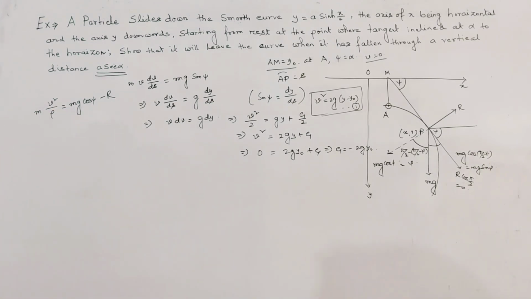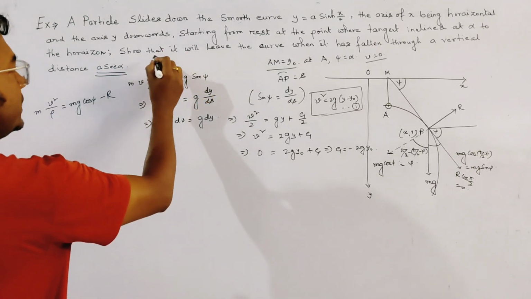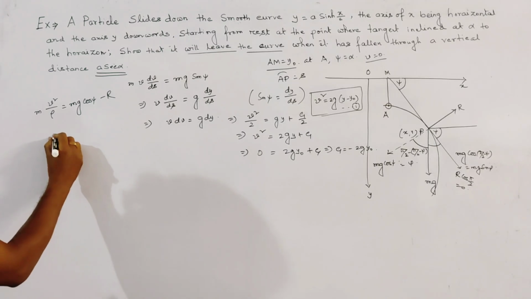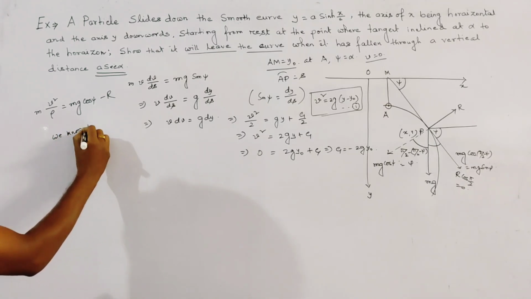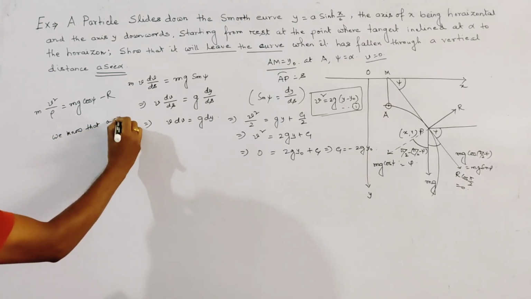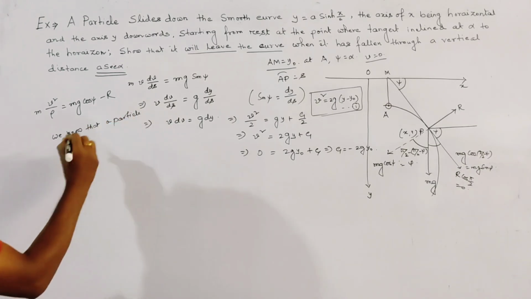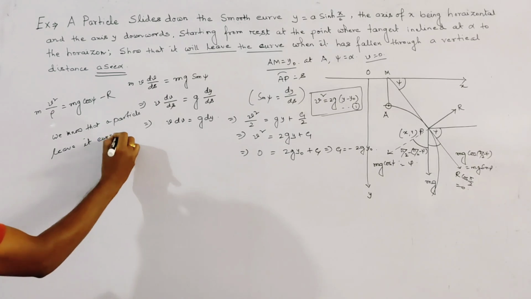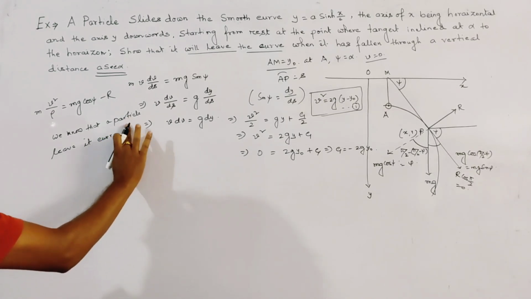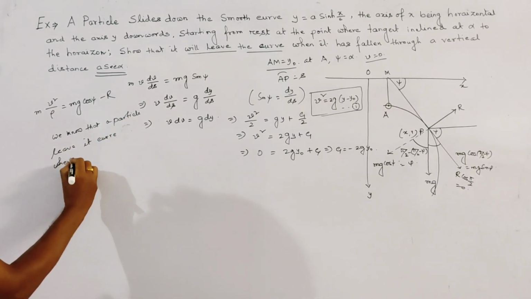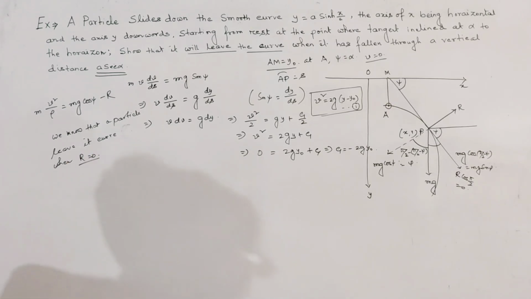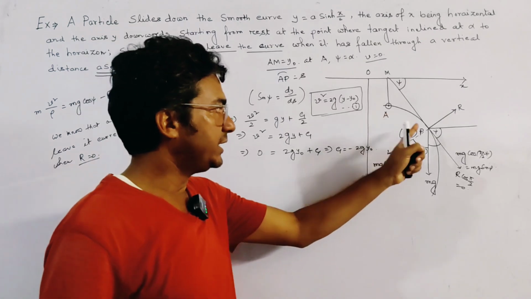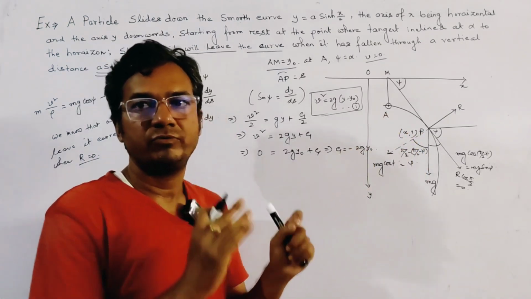Now we have to find the position where the particle leaves the curve. We know that a particle leaves the curve when R is equal to 0, that is, there is no touch of the particle with its curve.